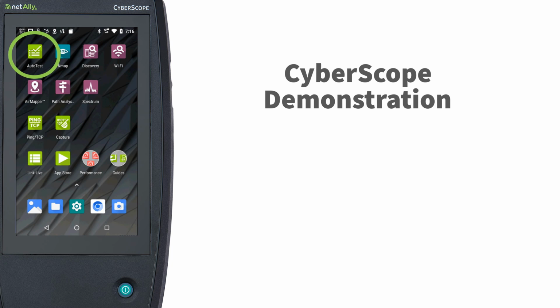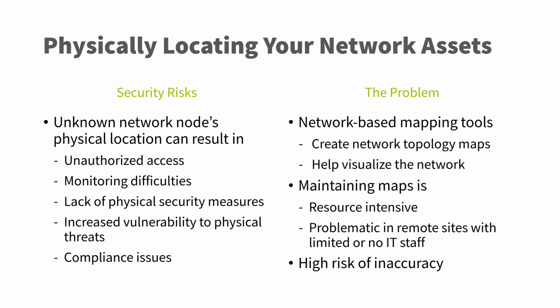So in that previous section, the first part, we were talking about how to validate your configuration, your segmentation, to make sure the network has been configured correctly. Now, what we want to do is go on to the second module of this webinar, which is talking about how you physically locate your devices.